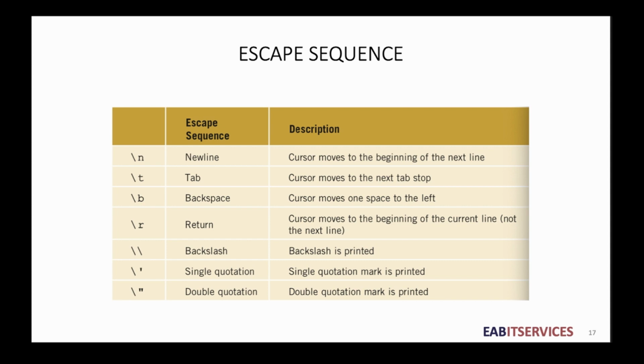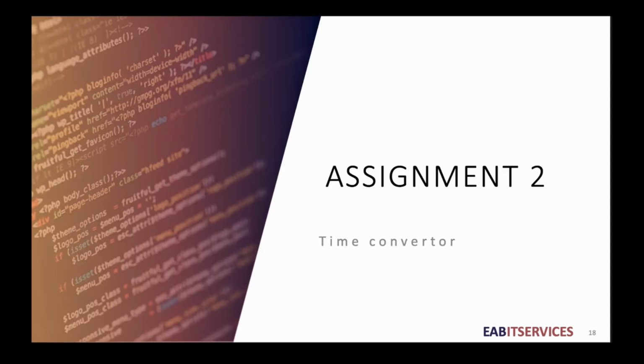Now this is going to bring us to the end of lesson 3. Now you have an assignment here. In your assignment, this is what you are supposed to do. Create a simple program that I call time converter. Accept the user's input.